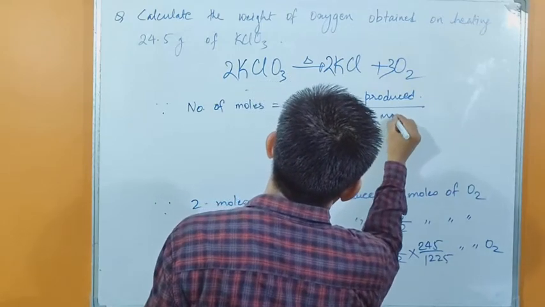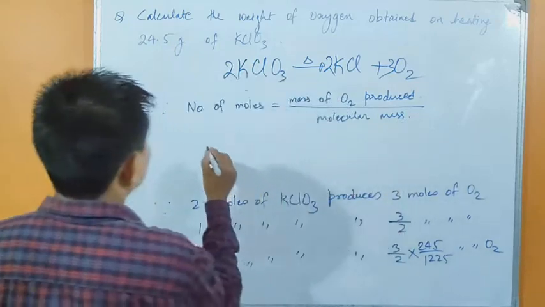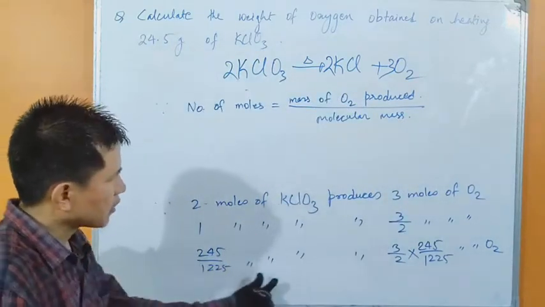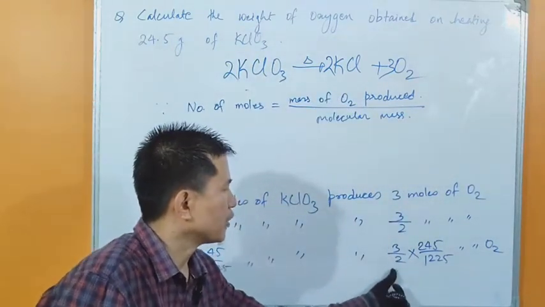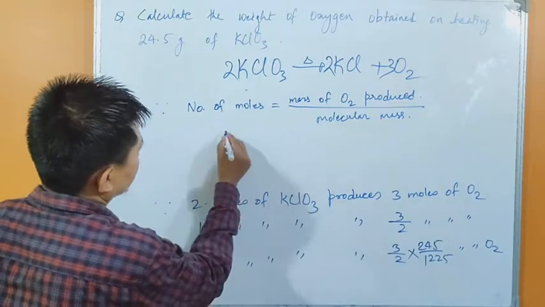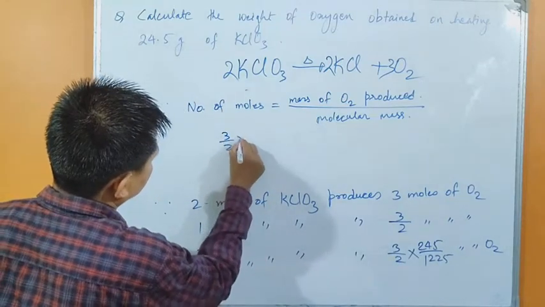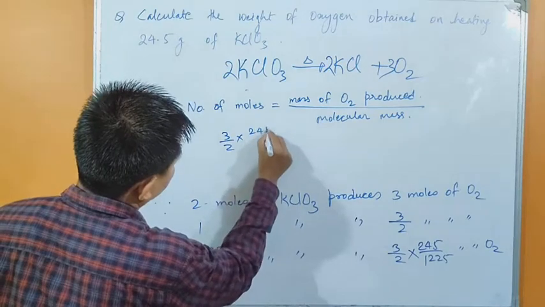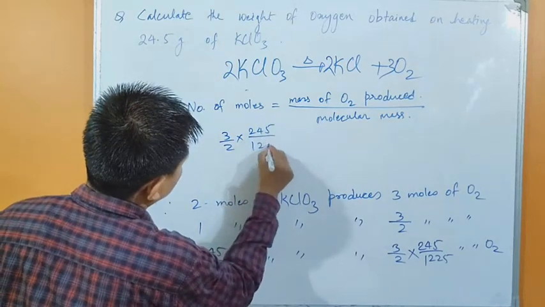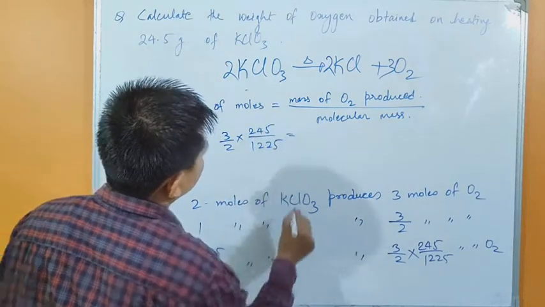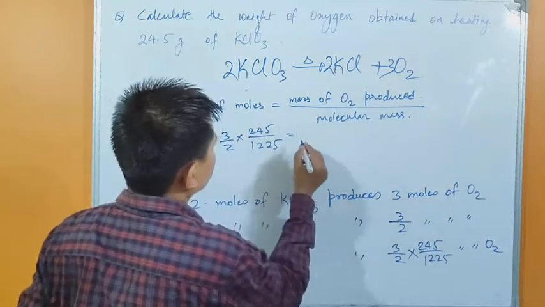Molecular mass or molecular weight, isn't it? So we have found the number of moles of oxygen: 3 upon 2 into 245 upon 1225 equals mass of O2 produced, which is not given to us, we are asked to find.